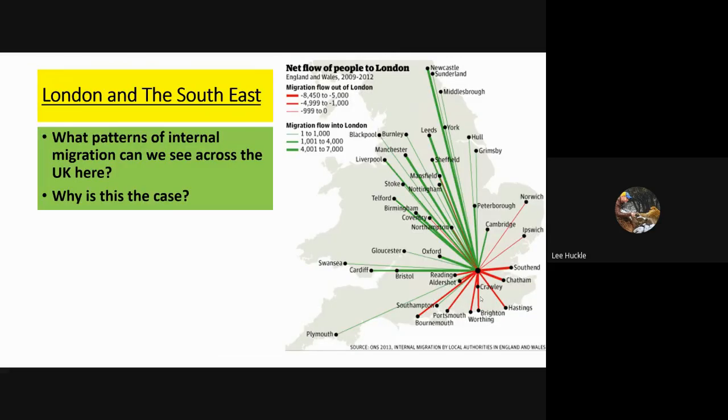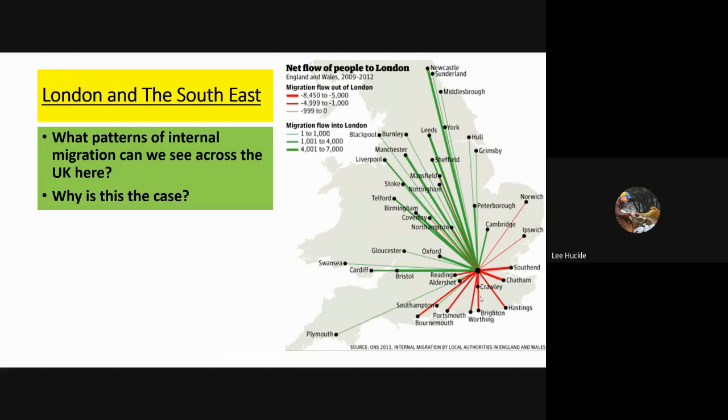So you'd have then looked at a similar map here, which is another flow line map showing the net flow of people to London. So looking at where people are travelling from within England and Wales, where they're coming from to London. And what this shows you is two levels of data here. The red lines show you the migration flow out of London again, but the green lines show the migration flow into London.